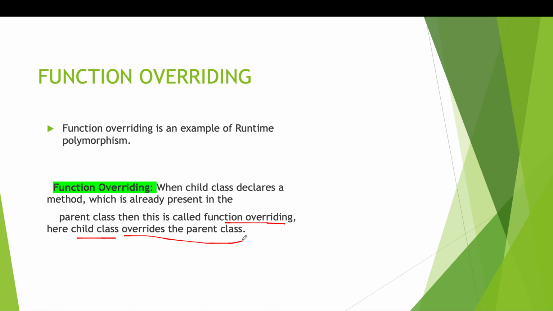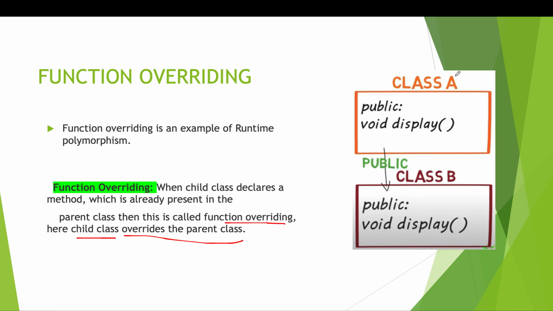So when we call a function with the same name, the child class function gets the importance and overrides the function in the parent class. This is a simple example: class A, class B. Class A has the function display and class B has the function display. Now out of these two functions, the child class function will be called and the function of the parent class will be overridden.